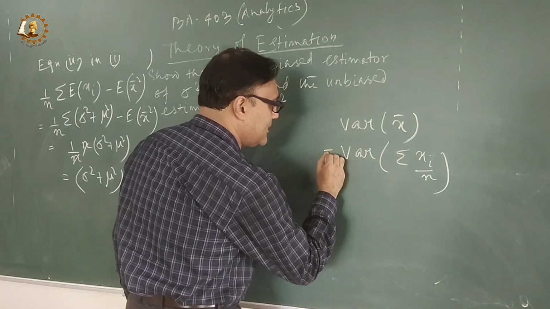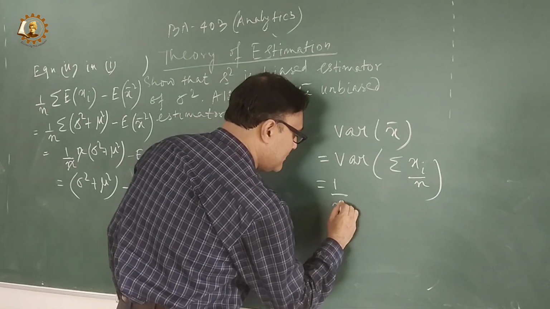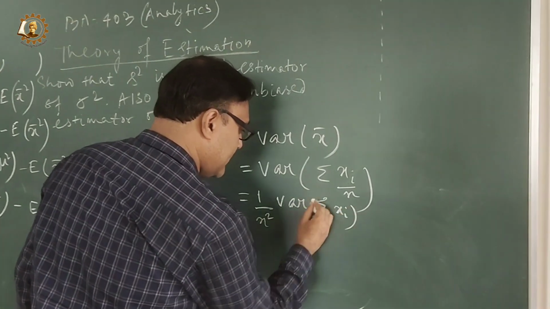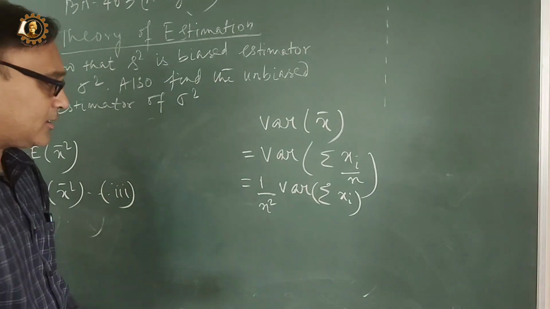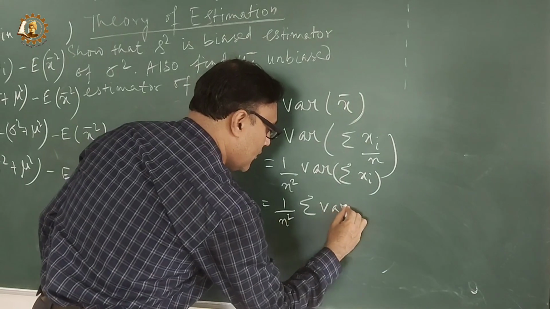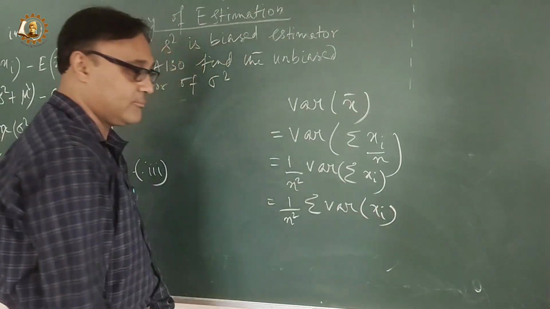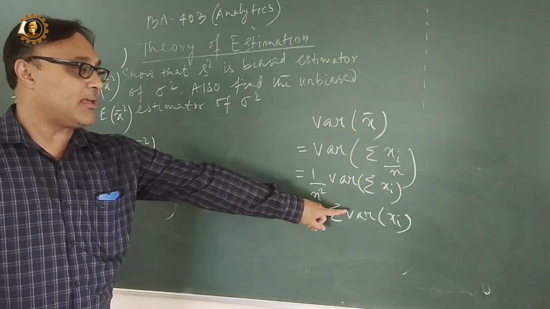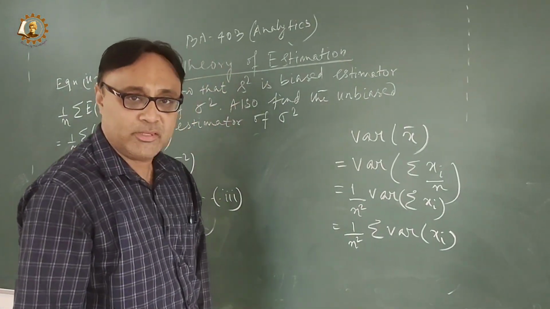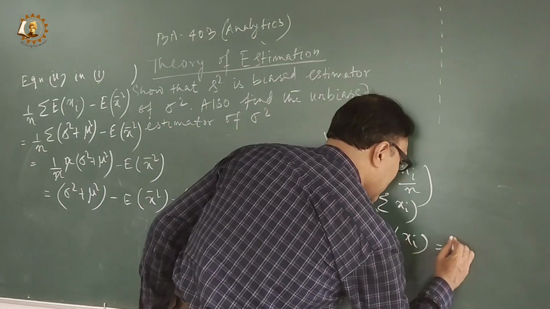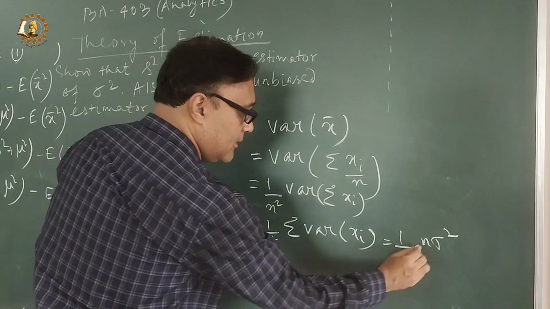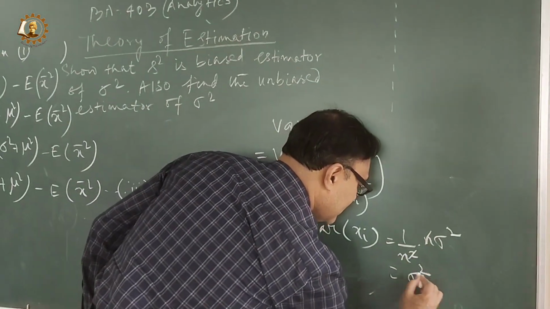Then I can write this as 1 by n square variance of summation xi. If I take the summation outside, then this will be 1 by n square summation of variance xi. Now variance xi is nothing but sigma square, and if you add sigma square n times, this will be n into sigma square. So ultimately I am getting 1 by n square into n into sigma square. This will cancel out and ultimately I am getting sigma square by n.